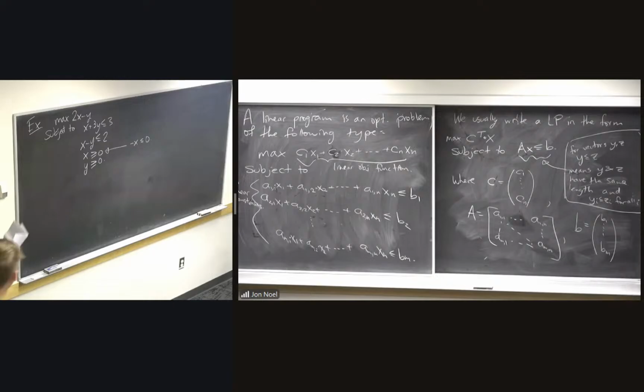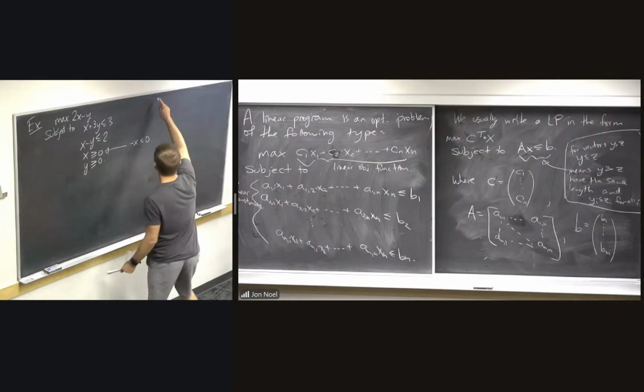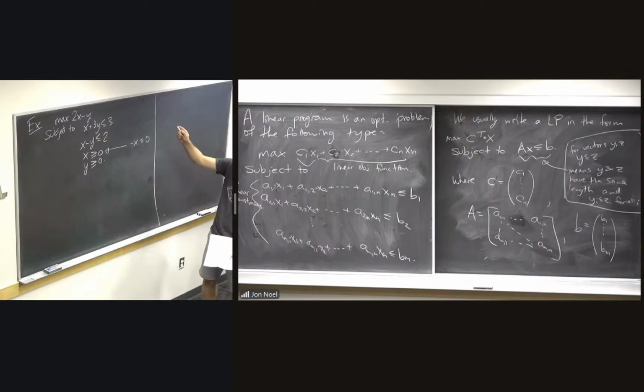Okay, so maybe just to drive this home, in this example, we would have c being the vector 2, -1. Maybe I should say what the variables are. So the variables would be x and y, right? C would be this.